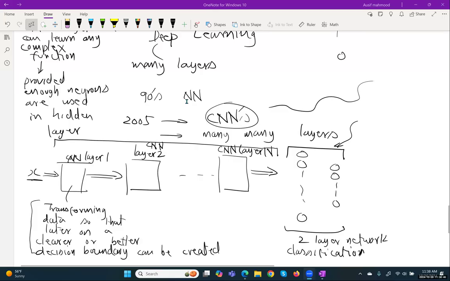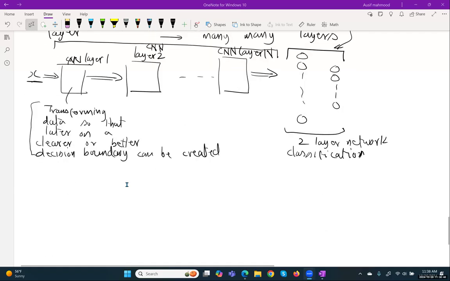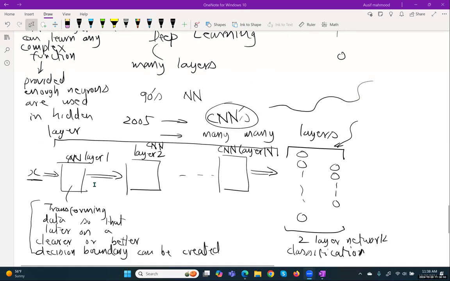Before the break, I mentioned the fundamental idea: convolutional neural networks have many layers involved, and each layer enhances the input data in a certain way, such that as we go through many of these enhancements, it is very easy for the final classifier to distinguish which category the data belongs to if it is a classification problem.